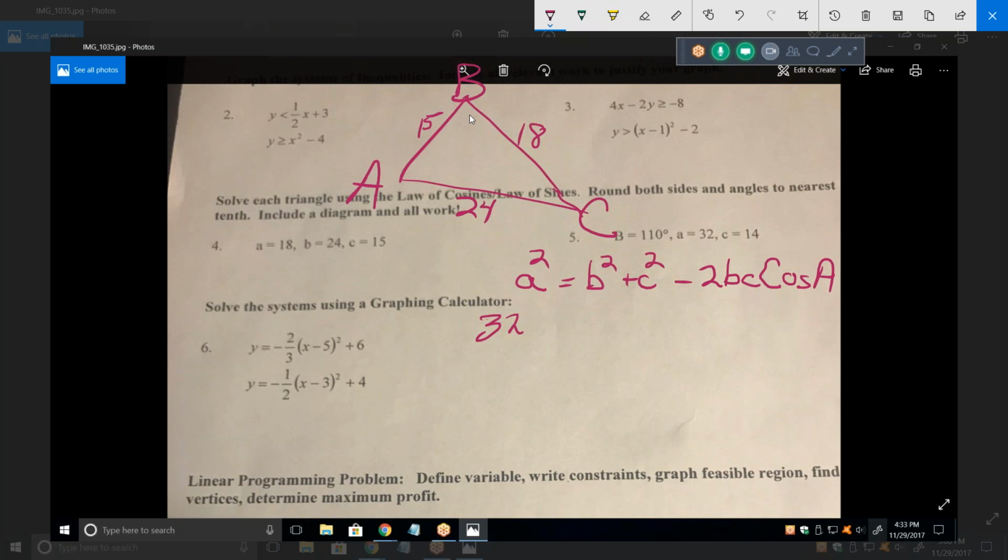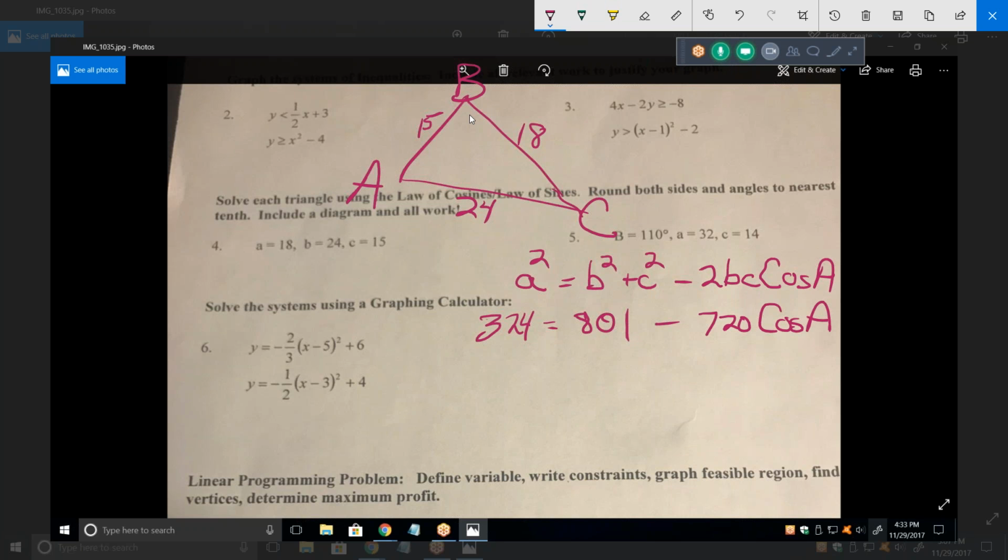We'll do it that way. And then equals, so then 24. I got 801 when I added both B and C together. And then minus 720, and then cosine A.